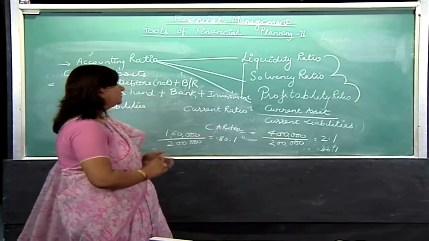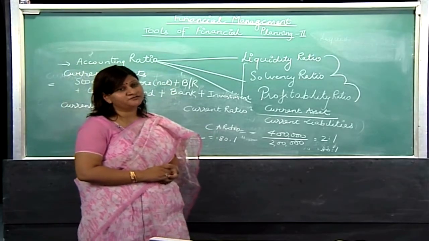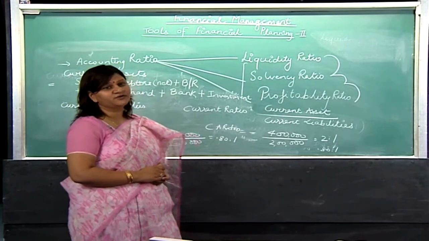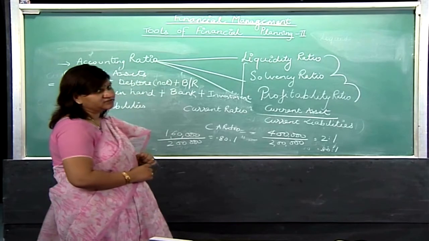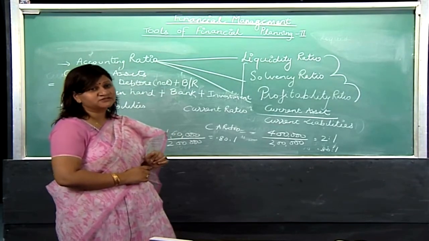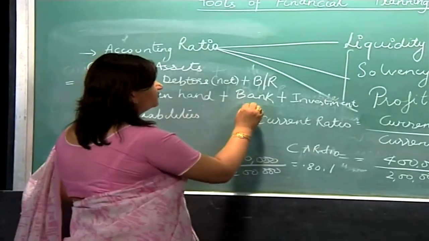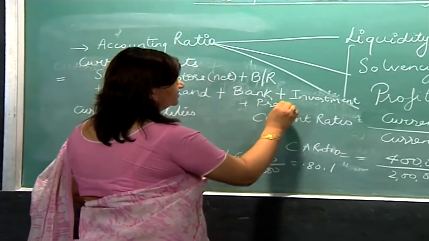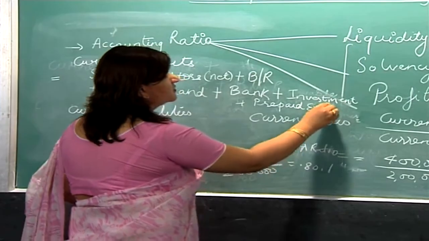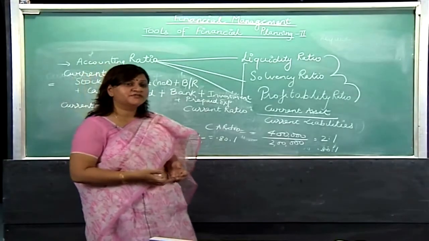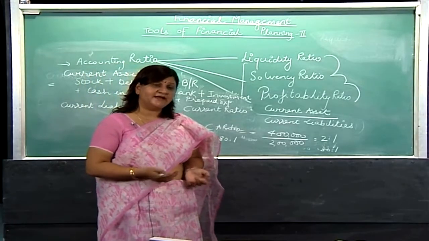So we have to include the short-term investment in the list of current assets. So together they shall comprise current assets. One more thing, prepaid expenses shall also be part of current assets. Prepaid expenses are those expenses which are paid in advance.